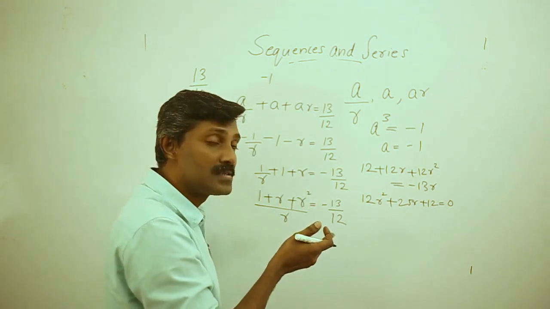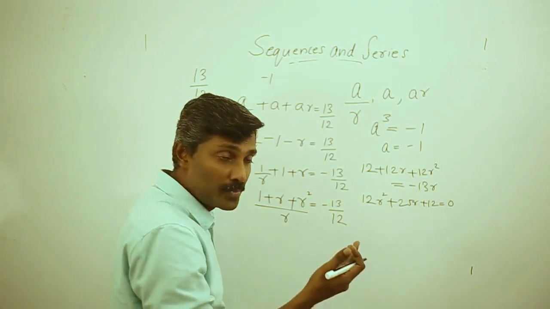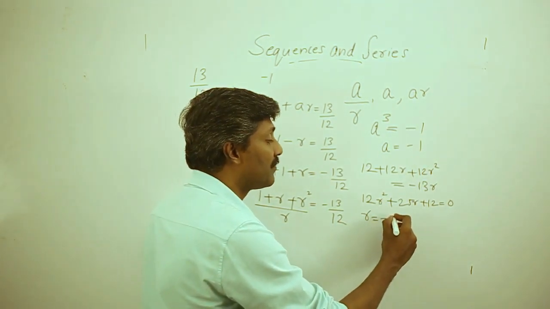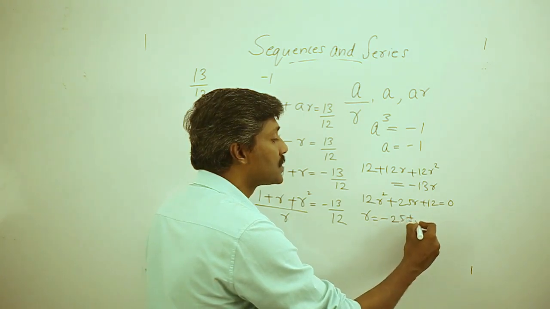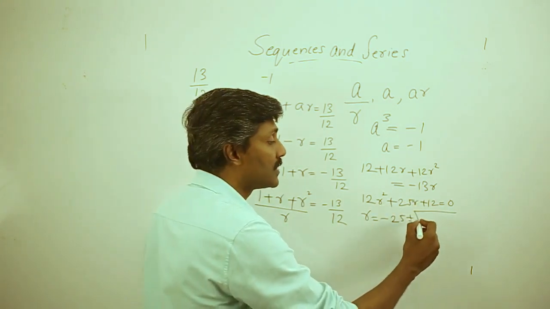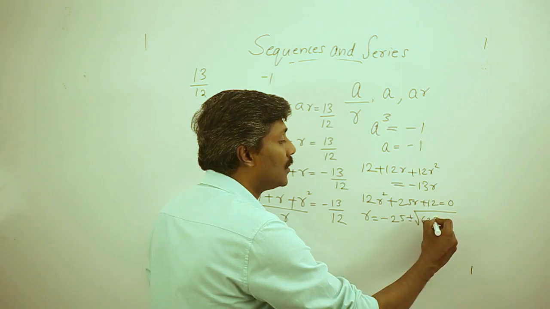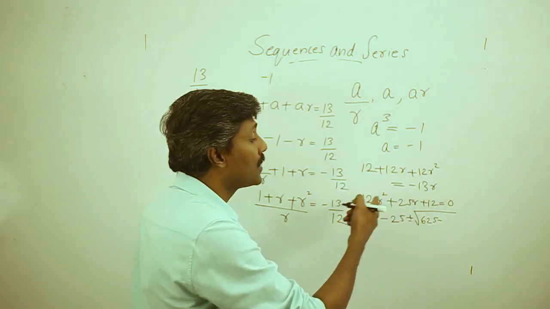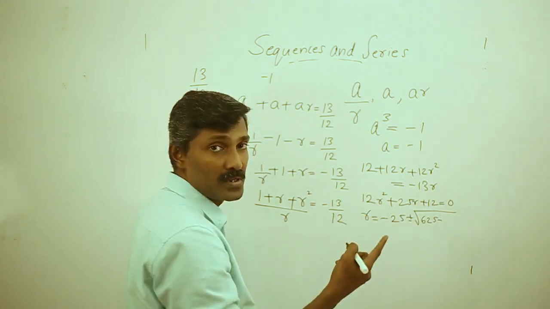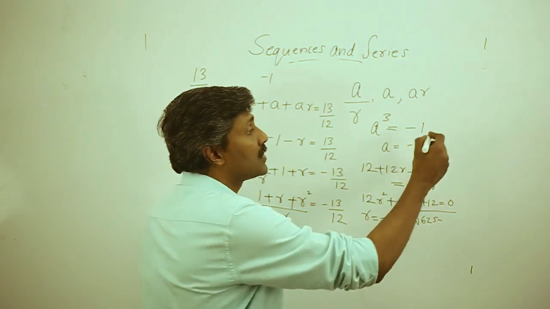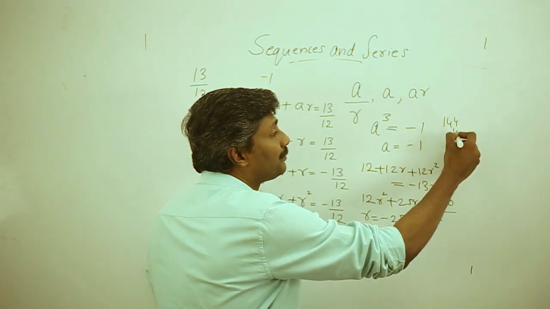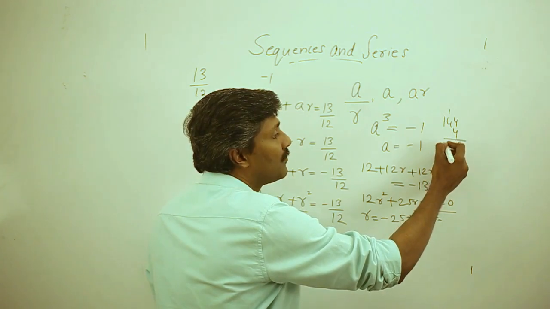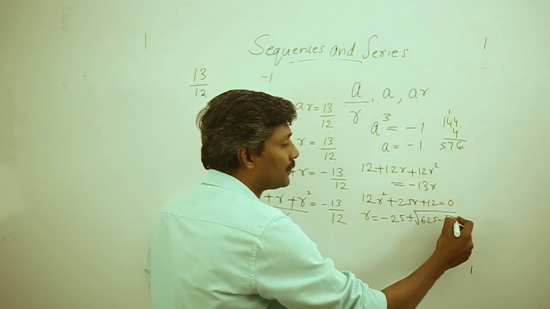You can solve this equation by using the formula r is equal to minus b, which is minus 25, plus or minus root of b square, which is 25 square, that is 625, minus 4ac, that is 4 into 12 into 12. 12 into 12 is 144, and 144 into 4 gives 576.